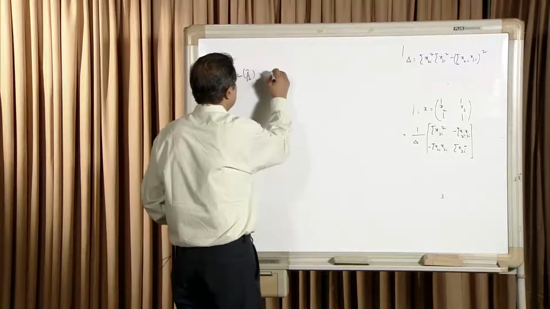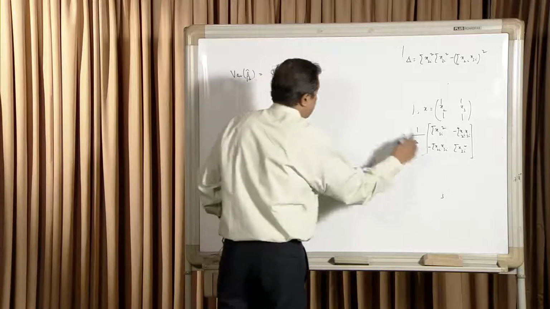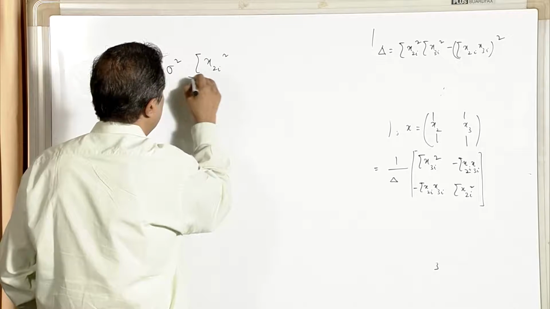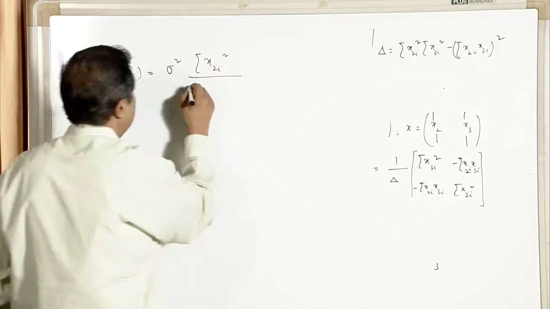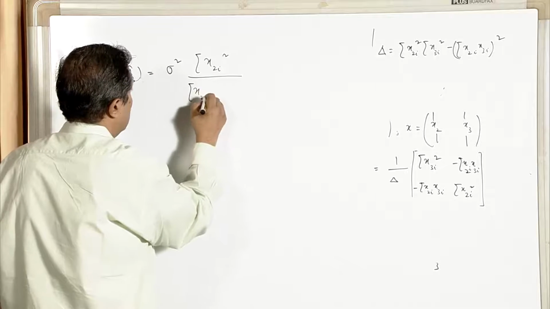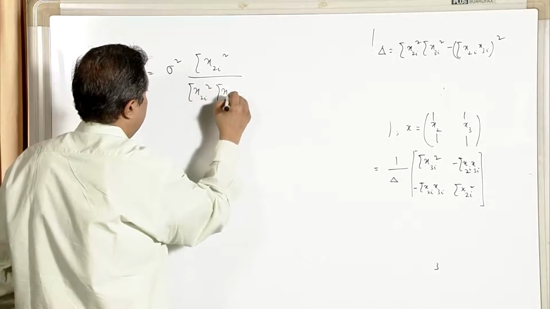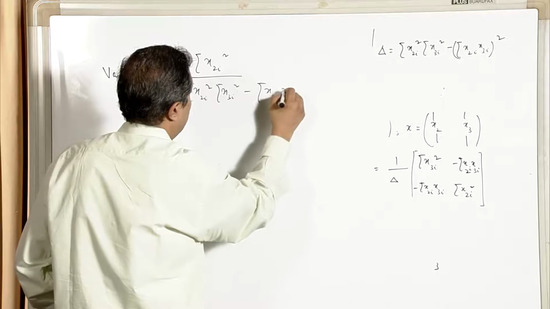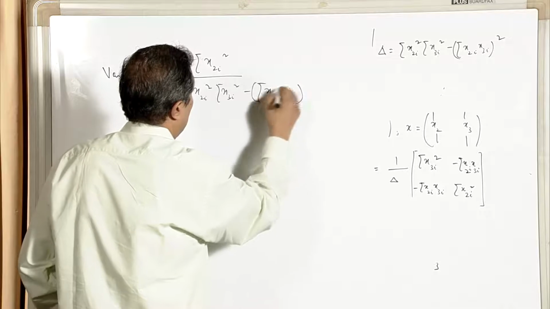So, that is sigma square summation x2i square divided by delta, which is summation x2i square summation x3i square minus summation x2i x3i whole square.